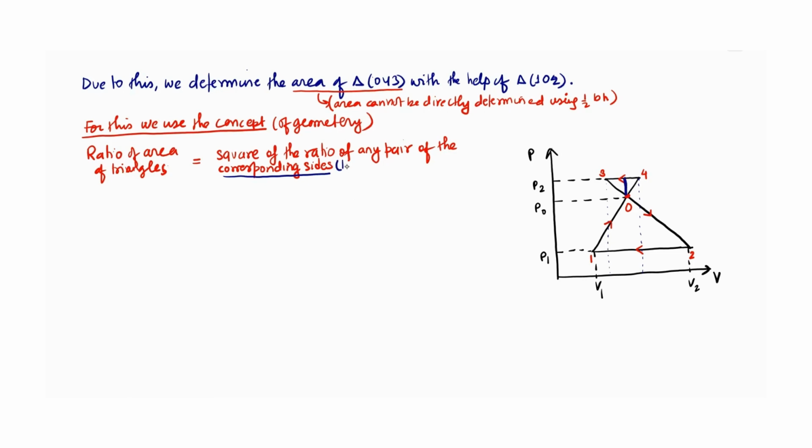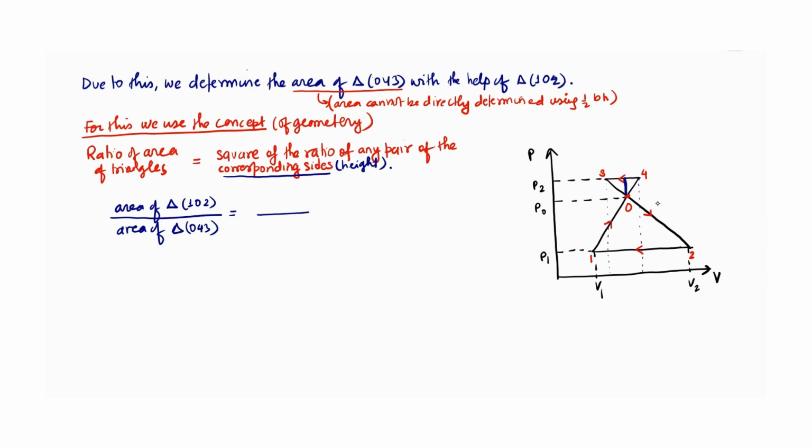So area of triangle 1, 0, 2 divided by area of triangle 0, 4, 3 equals the square of the ratio of the corresponding sides.